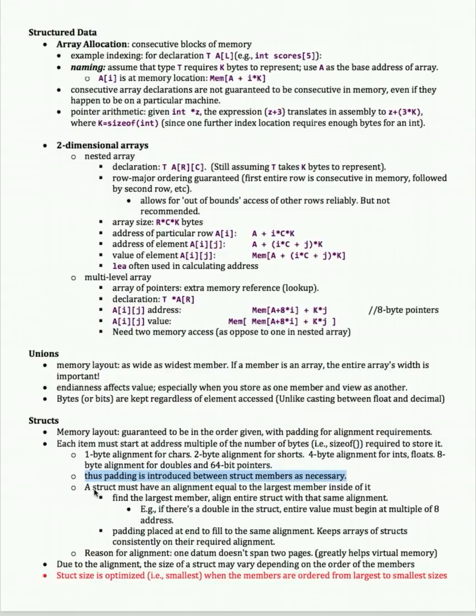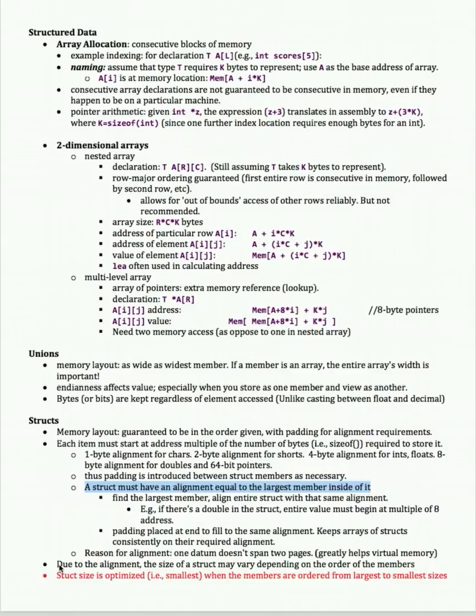And the entire struct must have an alignment equal to the largest member inside of it. For example, if a structure has a 64-bit pointer within the struct as a member, then the entire struct must start at an address that is a multiple of 8.